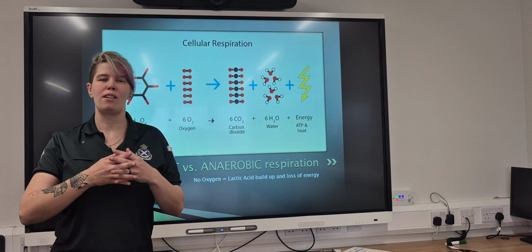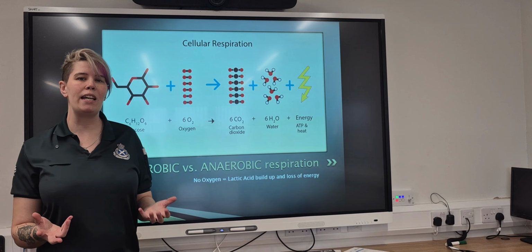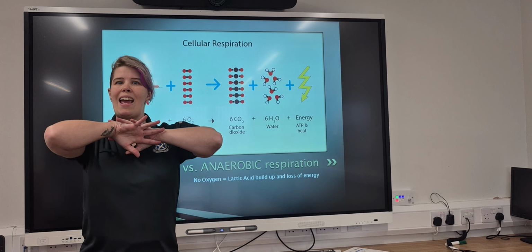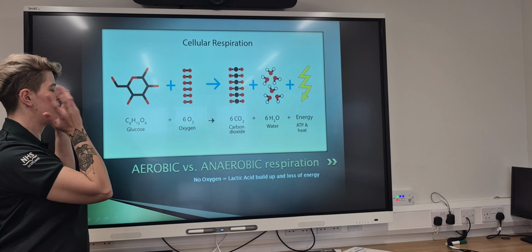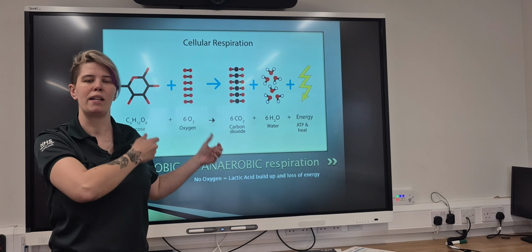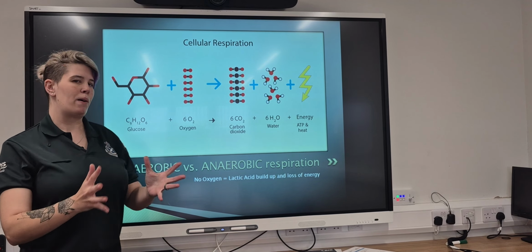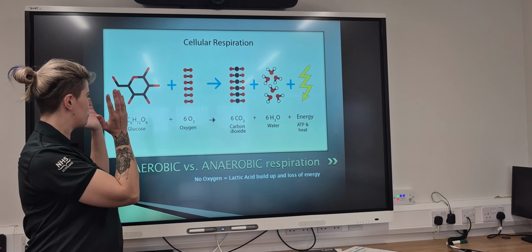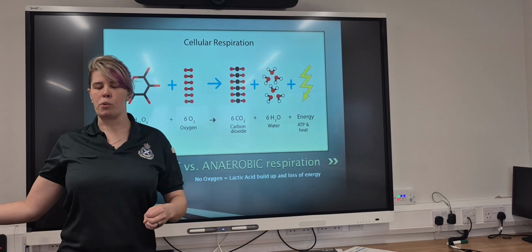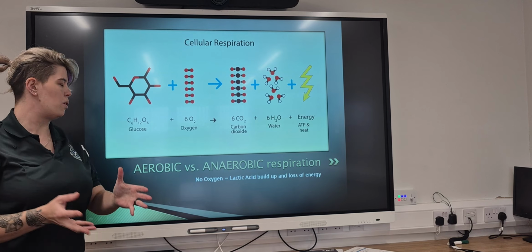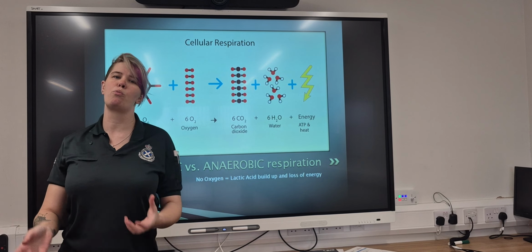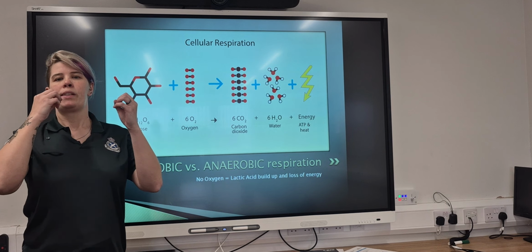And that energy is in the form of something called ATP, which is used for everything in the body. We cannot function without this equation that's sitting behind me. And the biggest part of that equation is oxygen. This is demonstrating what we call aerobic respiration, which uses oxygen.